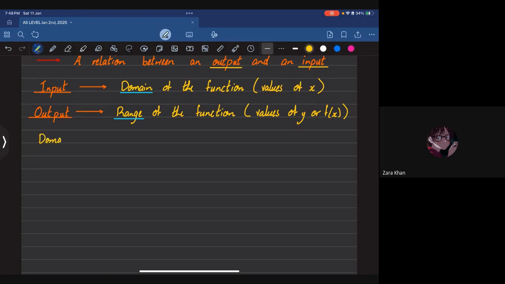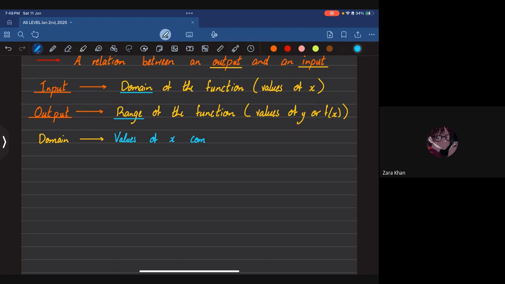So if I were to explain what domain is, it is practically all the values of x that can be plugged into the function, right? So you can say values of x compatible, or an easier way to put it, that can be put into the function.